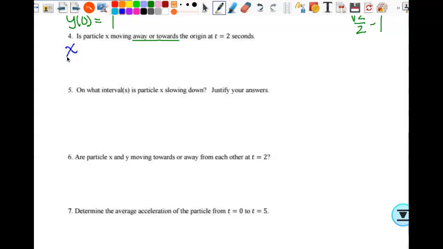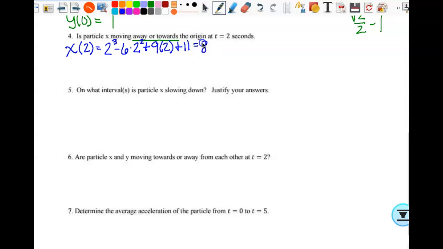X of 2 equals, did we already find that somewhere? Because sometimes we've already found stuff. Nope. Okay. So that is equal to 2 cubed minus 6 times 2 squared plus 9 times 2 plus 11.